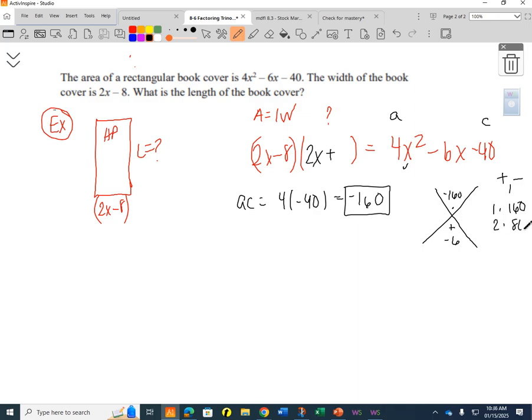Just go through and start listing. I still can't even remember all the factors of 160. 4 and 40. I know 5 is a factor because it ends in 0, so 160 divided by 5 is 32. As I'm going through, they need to be pretty close, right? 5 and 32, 4 and 40. Those would work with a negative, but they would not be as small a number. So I've got to keep going.